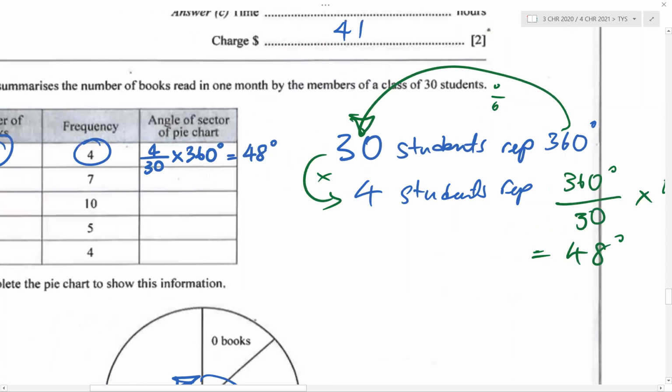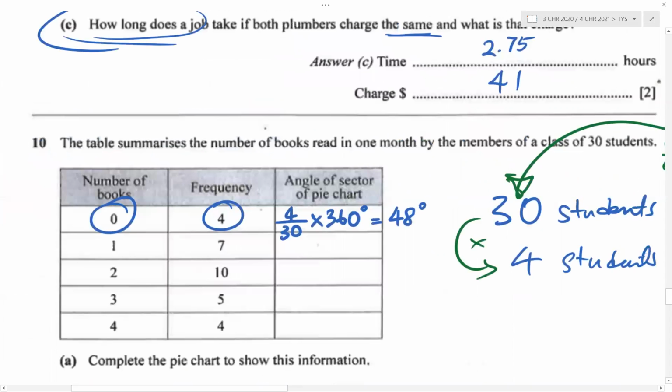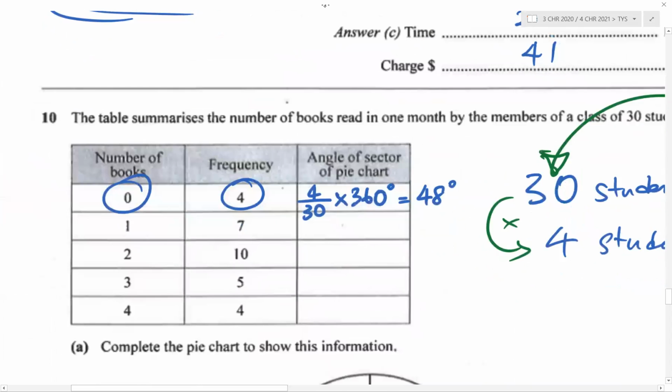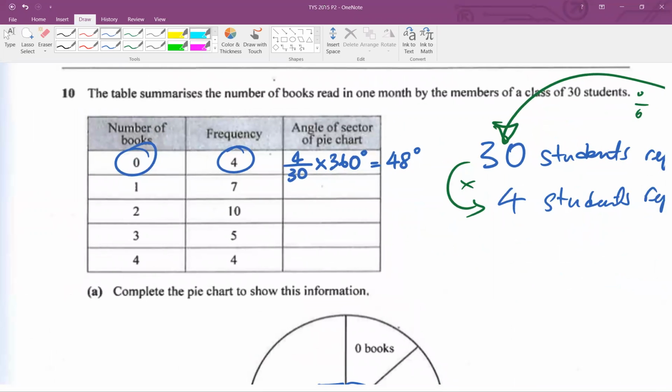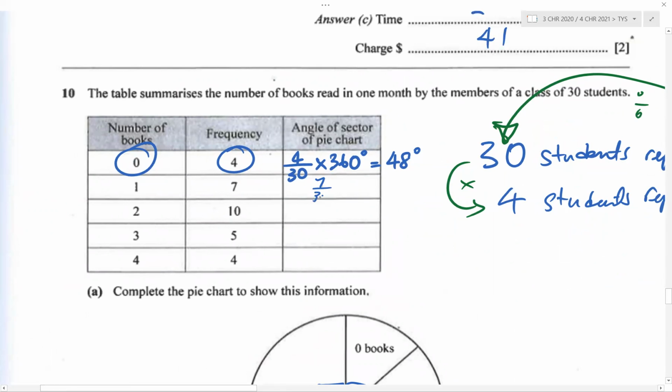So the next case, we do the same thing. 7 over 30 times 360. How much? 84. Thank you. Next one, 10 over 30 times 360, 120.